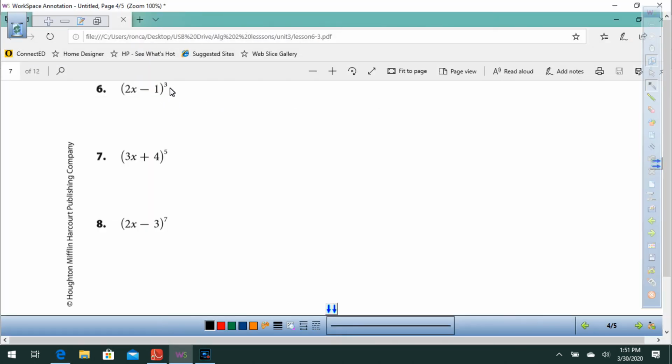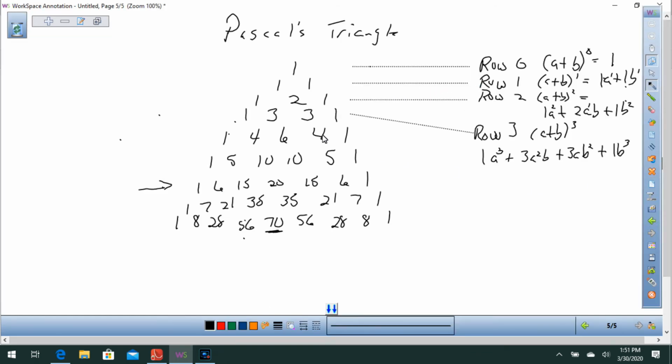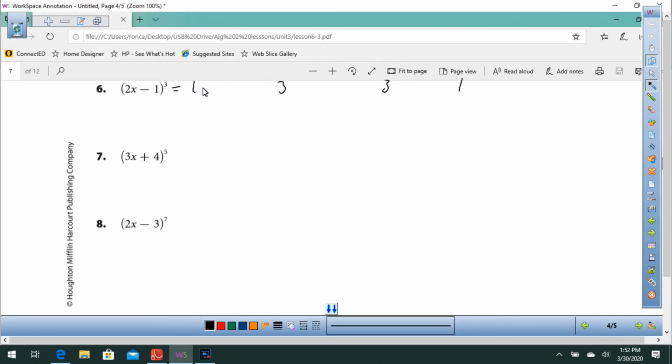We have exponent of 3, so we're going to have 1, 3, 3, and 1, and we can go and look. 1, 3, 3, 1. All right, now we got 2x, 2x, 2x, and 2x. And that's 3, 2, 1, 0.